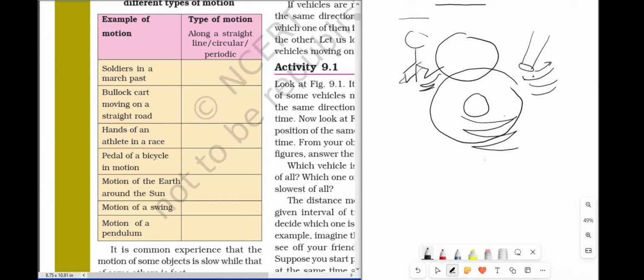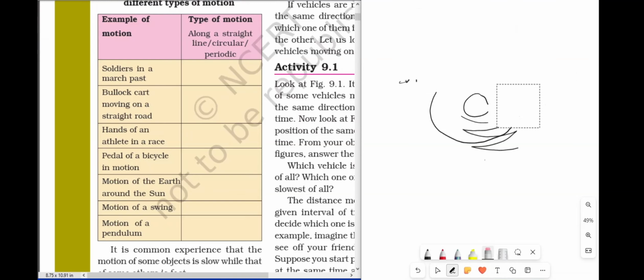And last but not the least, we're talking about a pendulum. तो एक घड़ी में एक pendulum होता है which again makes a periodic motion wherein it goes to and fro, back and forth. So here what we've done is we've classified each type of motion into different classes: straight line, circular, and periodic. Since you've already studied all this in class 6, this should be a fairly simple exercise for all of you.